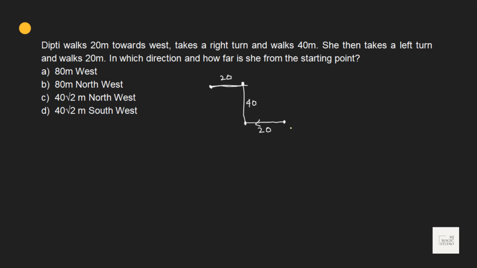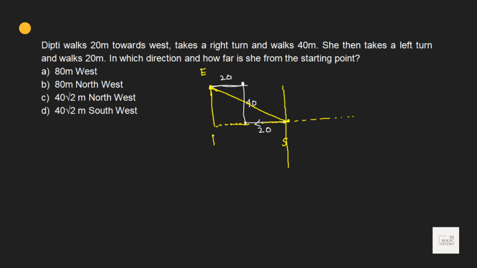So this was the starting point. Let me mark this as S, and this is end point E. So if we have the main direction at point S, this is the shortest distance between S and E which we are looking for. Now shall we try and make a right angle triangle with this diagram?